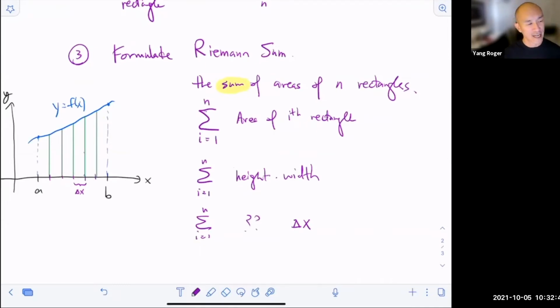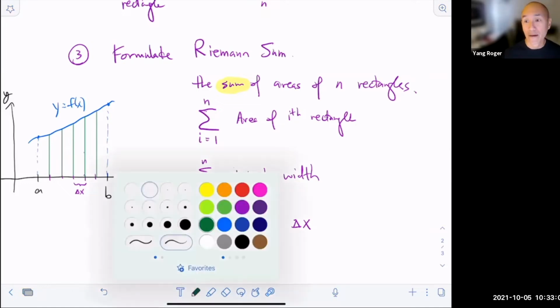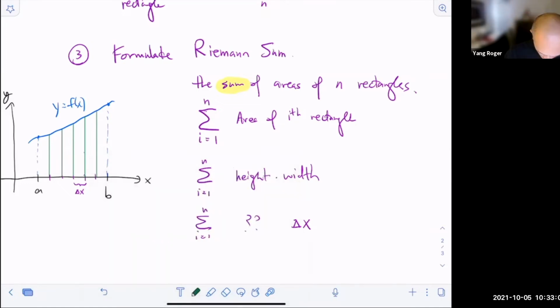And the answer to that question is the height should really depend on the function. Now in this class, we're only going to look at 2 options for the height. The first option is we can choose the left endpoint. If I chose the left endpoint, that would look like this.